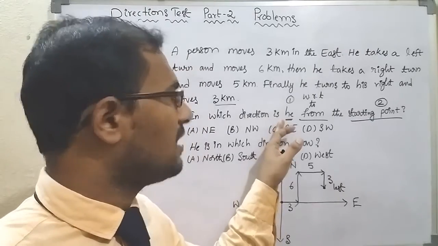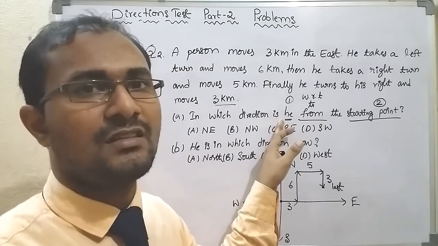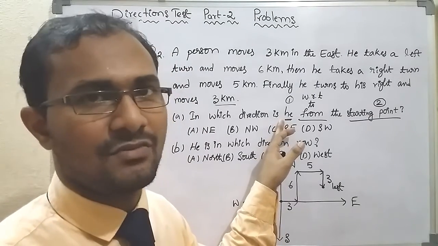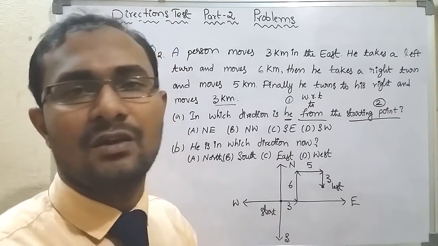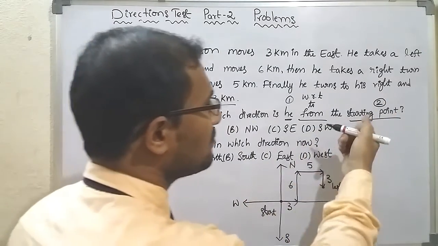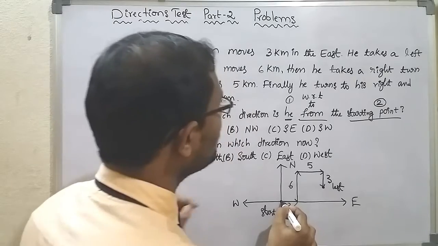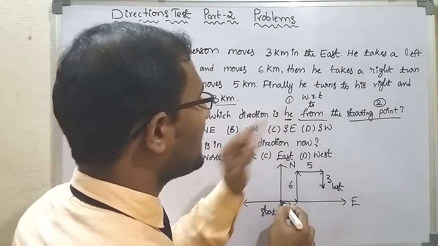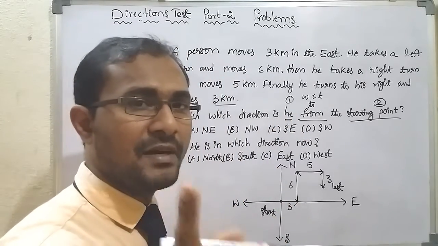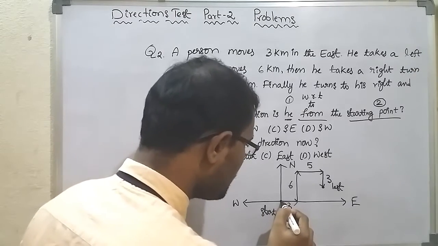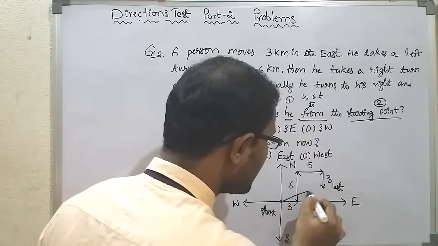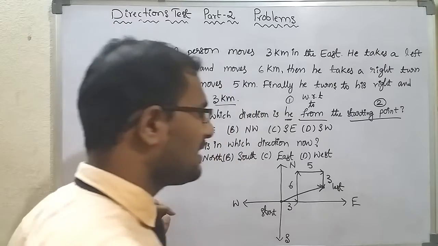In order to find out the answer for such type of question, in which we find keywords, from the second point towards the first point we have to draw the line. What is the second point? Starting point. From starting point to the first point, he means the last point. Person, otherwise he means we have to take the last point. From starting point to he means the last point.